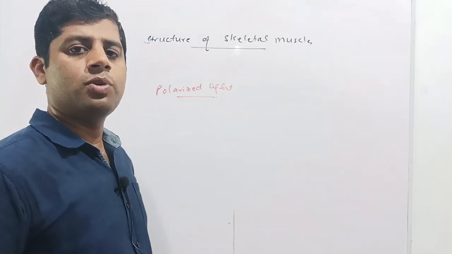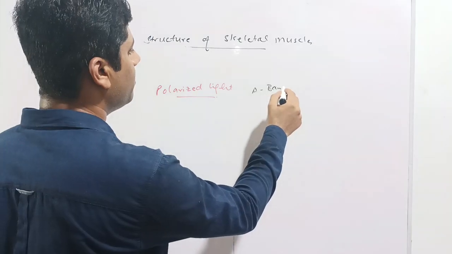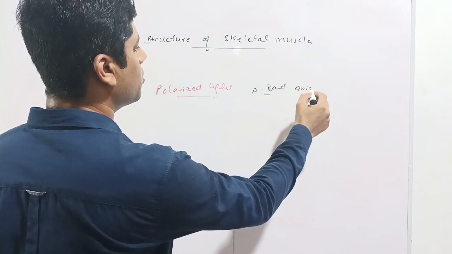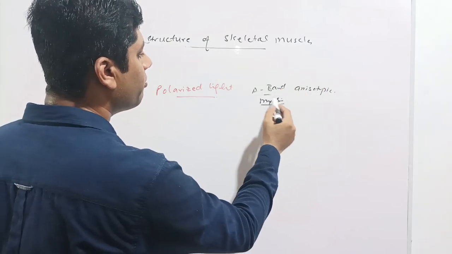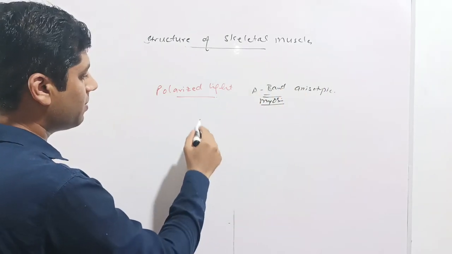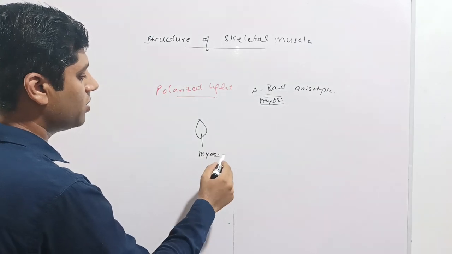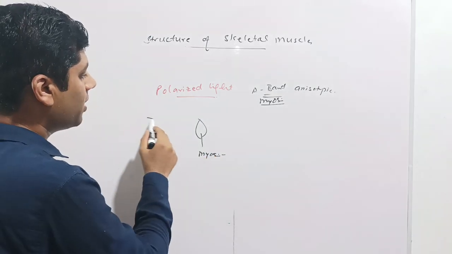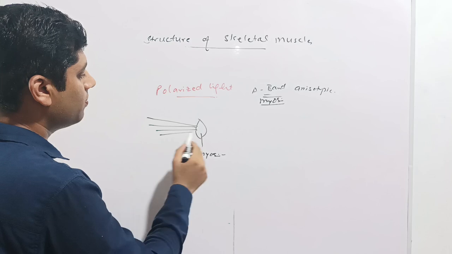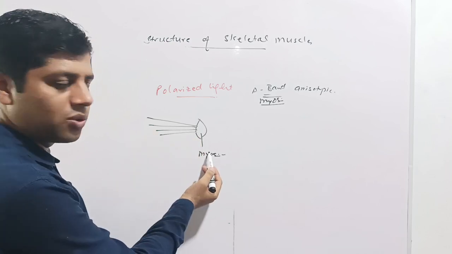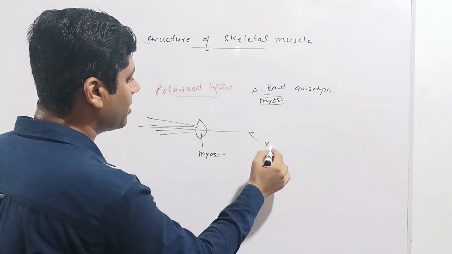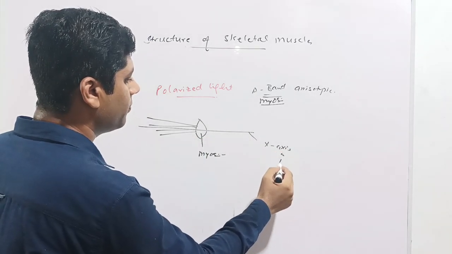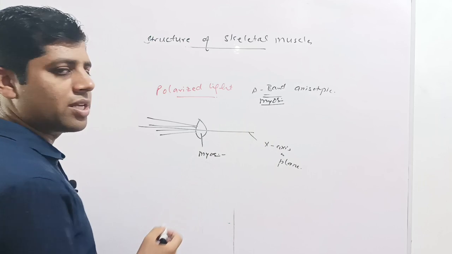Now here we will discuss the polarized light. We have seen that the A bands were anisotropic, and these were capable of polarizing the light. This was the capability of myosin molecules. For example, this is a myosin molecule or myosin protein. When the light falls upon these molecules, the myosin molecule converts these light waves into a single plane, said to be the x-axis plane, by polarizing the light.